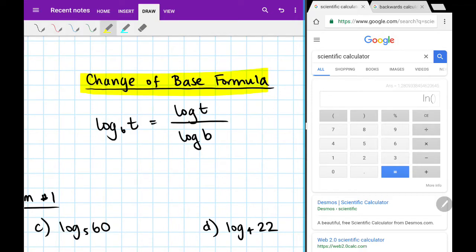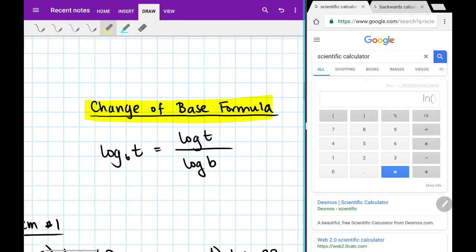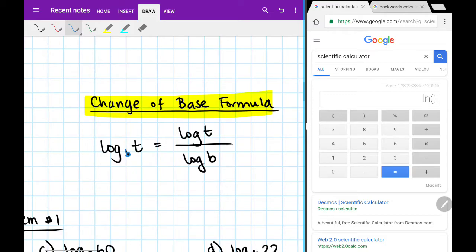So here's how the change of base formula works. If you have log with some base, let's call it b, of some number, let's call it t, then that equals log of t, so the big number goes on top, t stands for top, and then the base, or you can think of it as bottom, the base goes to the bottom.